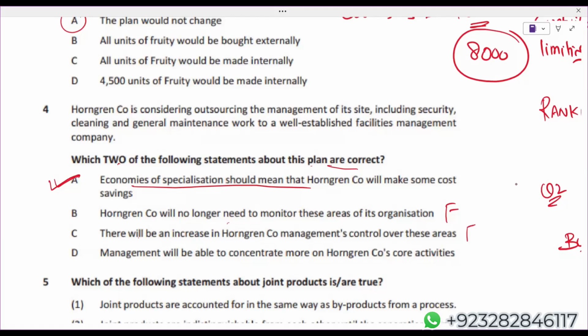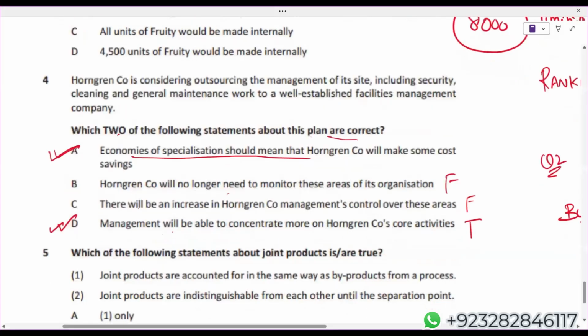No, no. If I outsource, and due to outsourcing it increases my management control over these areas, then why would I outsource? Actually, when I outsource something, I have less control in that area. Management will be able to concentrate more on core activities. That is why we outsource non-core activities, so that we can focus on core activities.